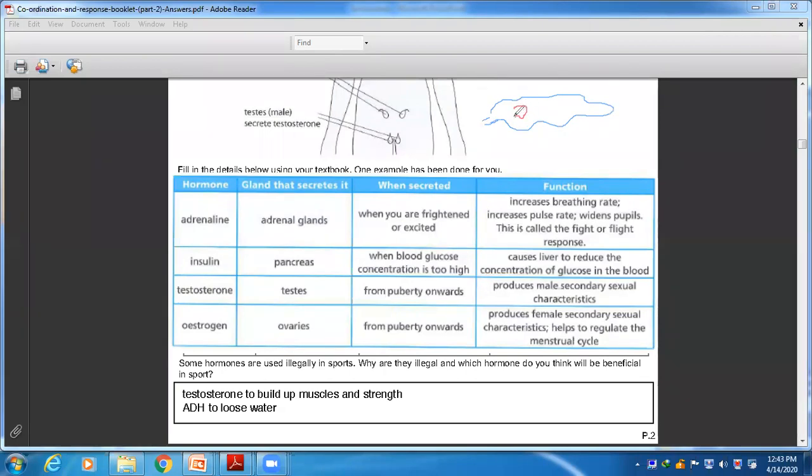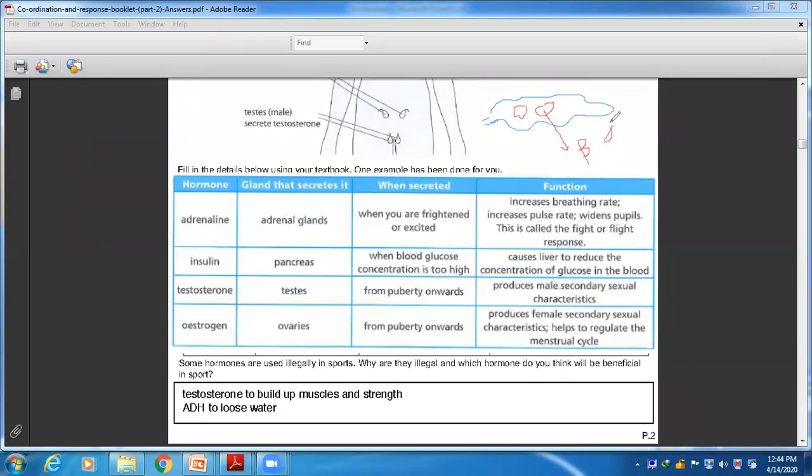Like in the form of islets, there are special regions, and that special region contains two types of cells. Remember, that region is called what? I make it here in red color. That region is called the islets of Langerhans, and they contain two types of cells: beta cells and alpha cells.